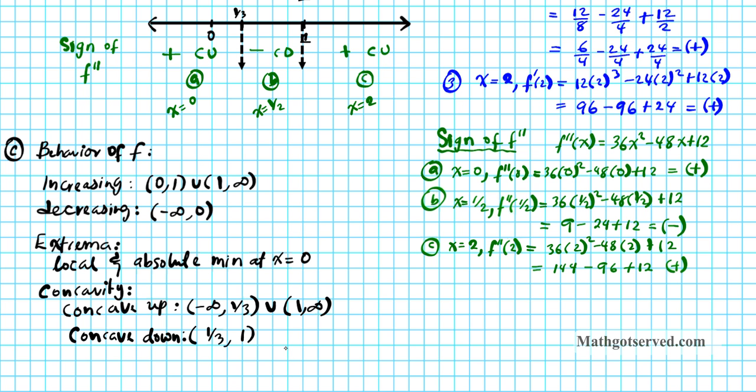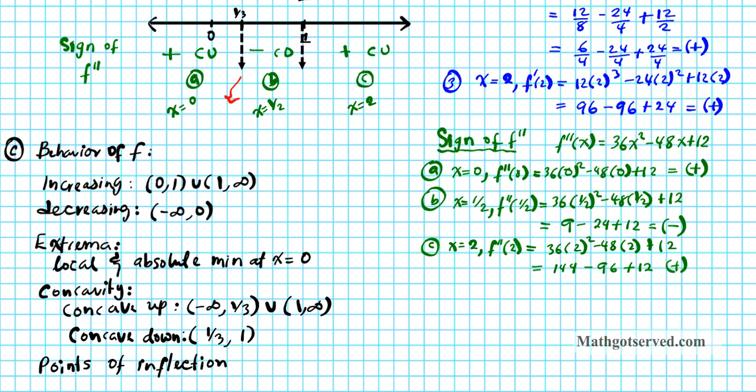All right, so points of inflection. Points of inflection are the points where the concavity changes from up to down, or where the second derivative changes from positive to negative, okay? We have two of them in this problem.